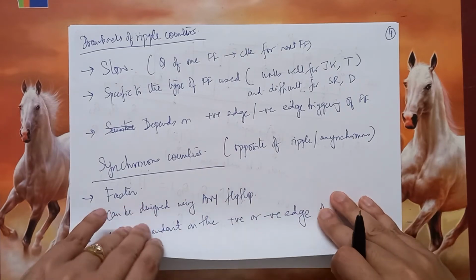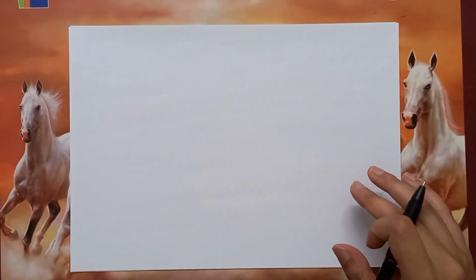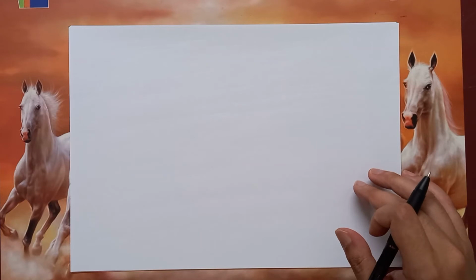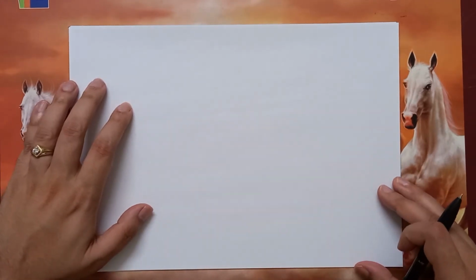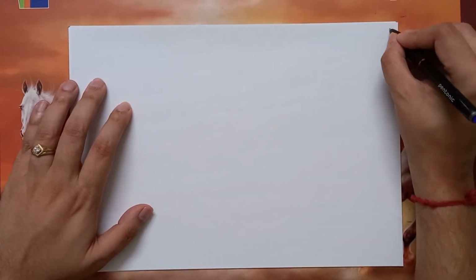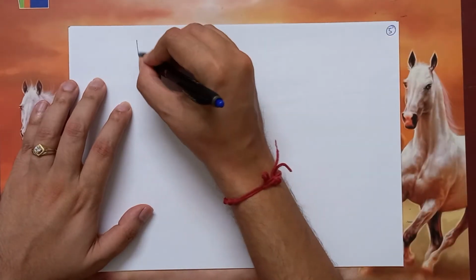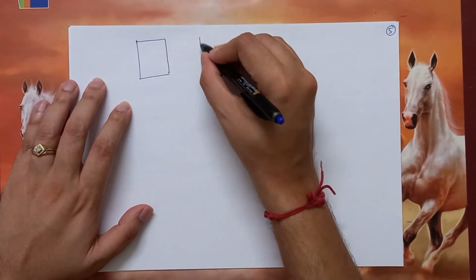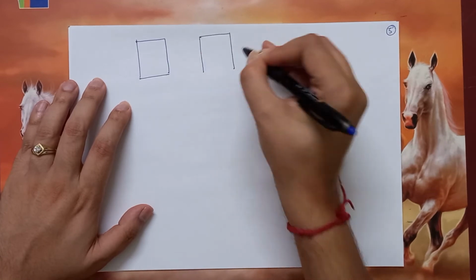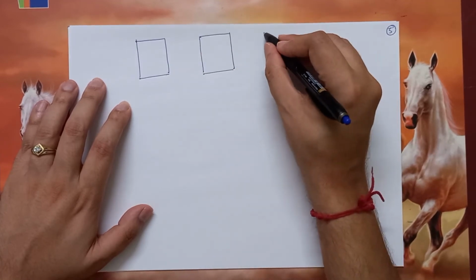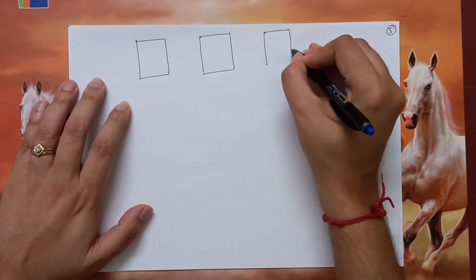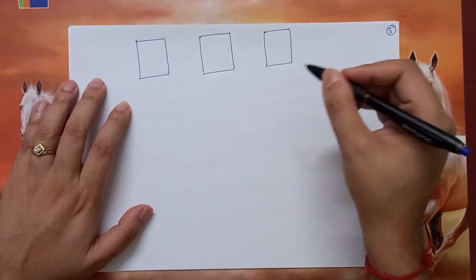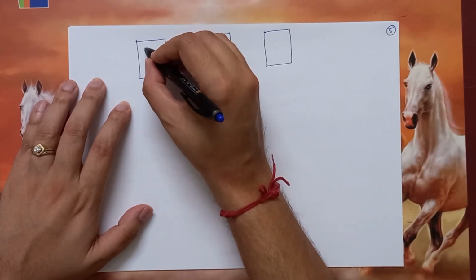So it's like saying if I have 3 flip-flops, it does not matter what kind of flip-flops they are. They can be SR, they can be T, they can be D, they can be JK.